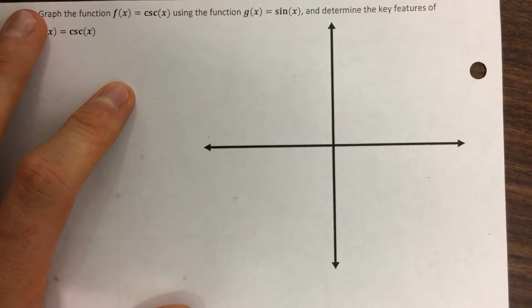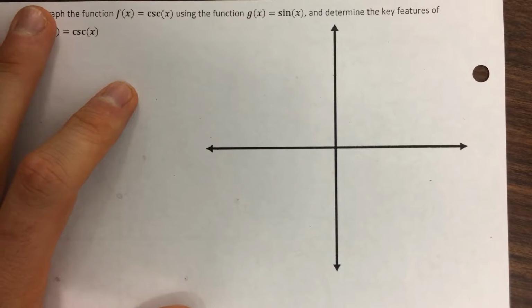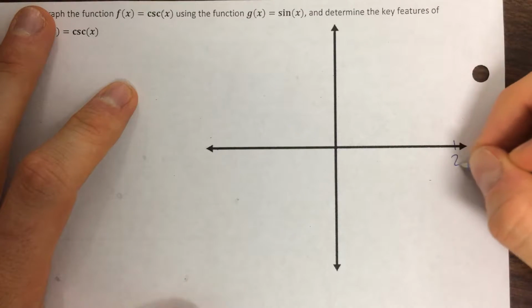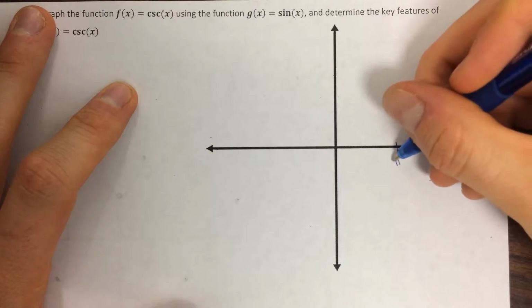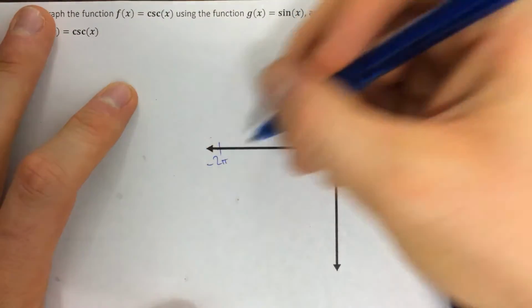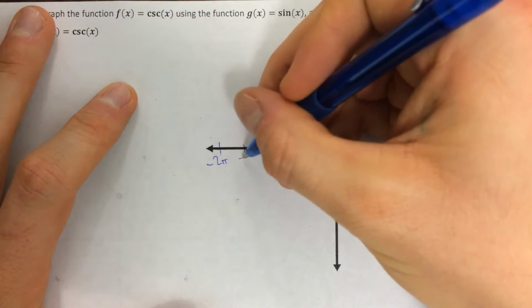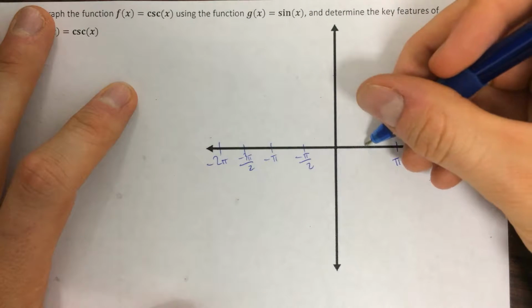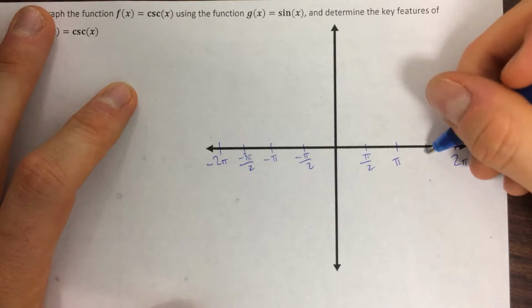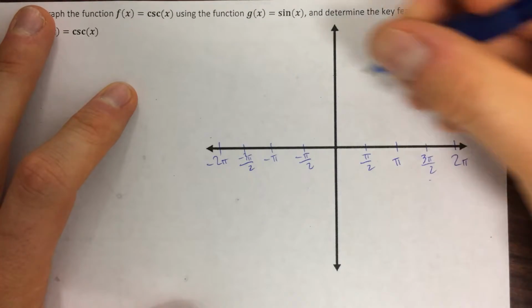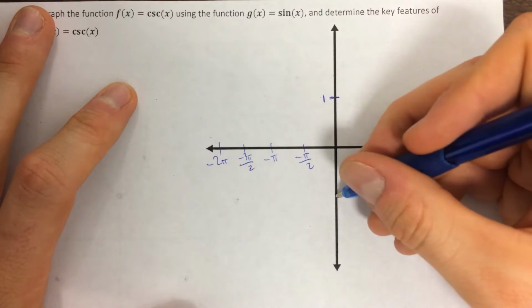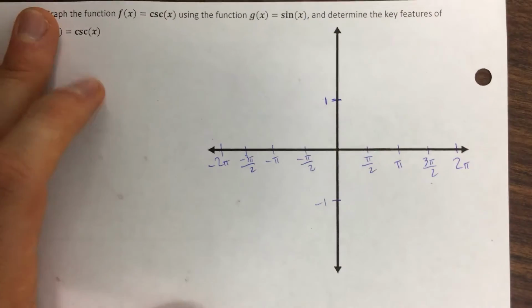So we have sine here. So let's say 2 pi, pi, scalar axis. Let's just say 1, -1.